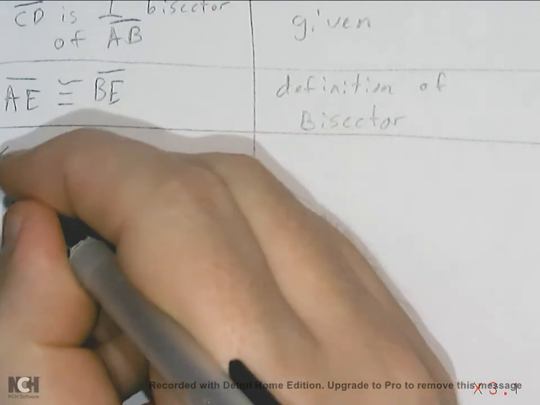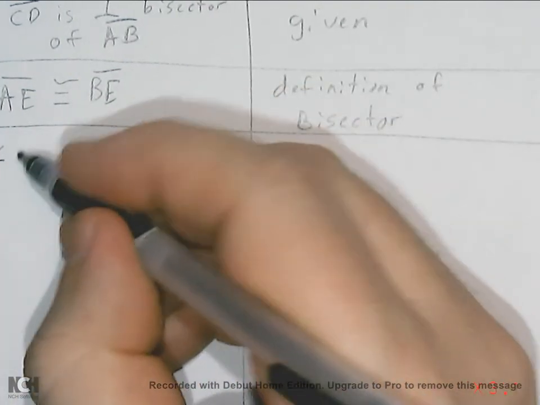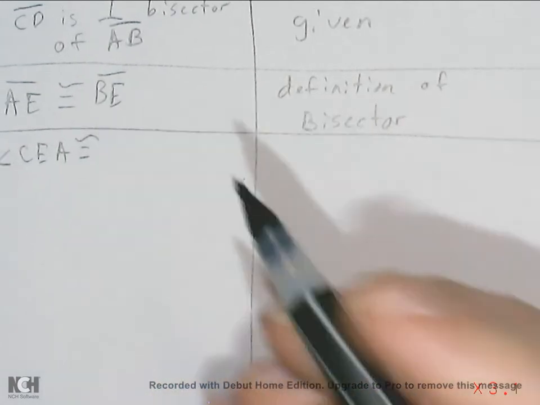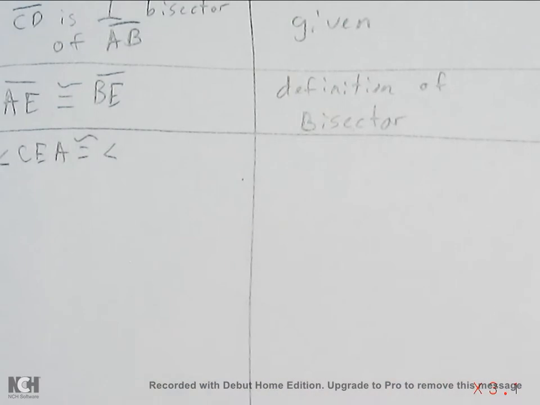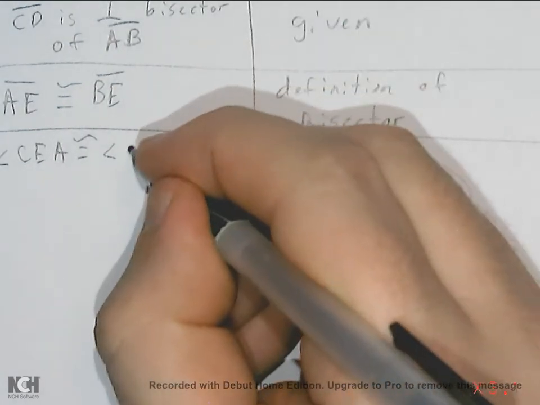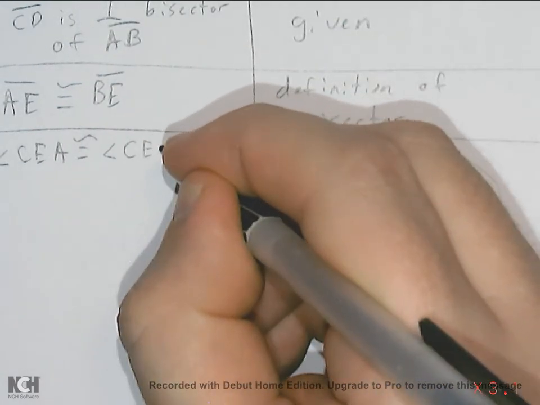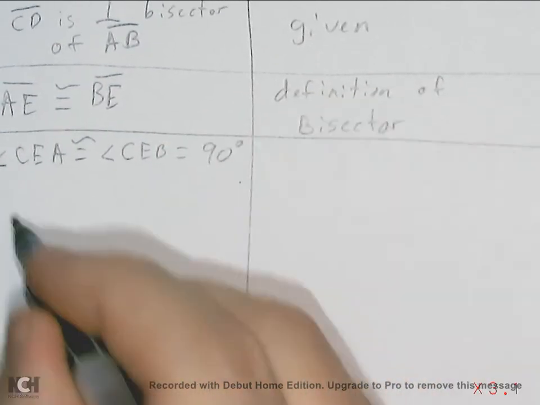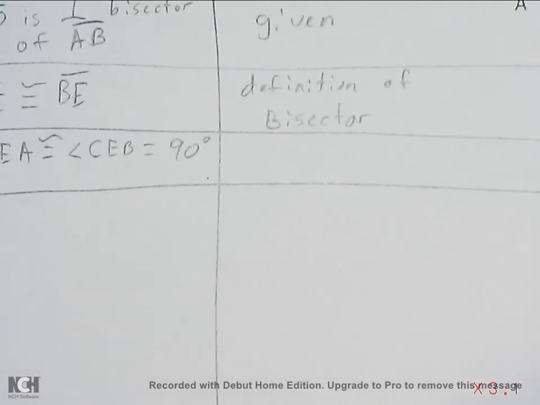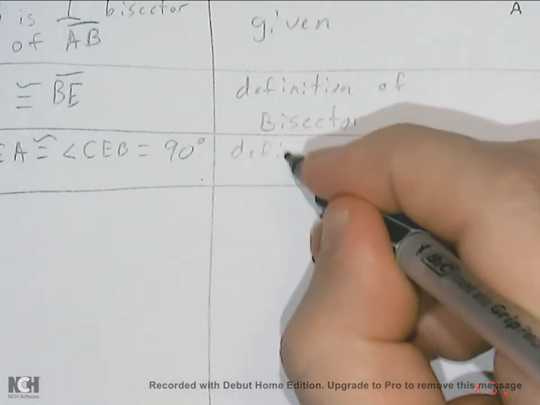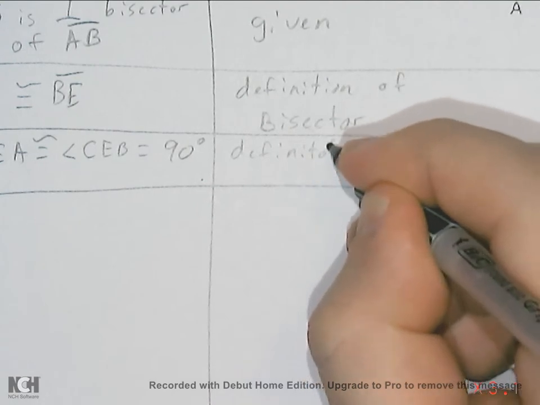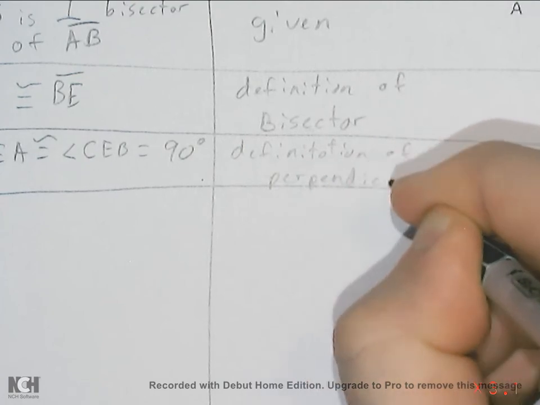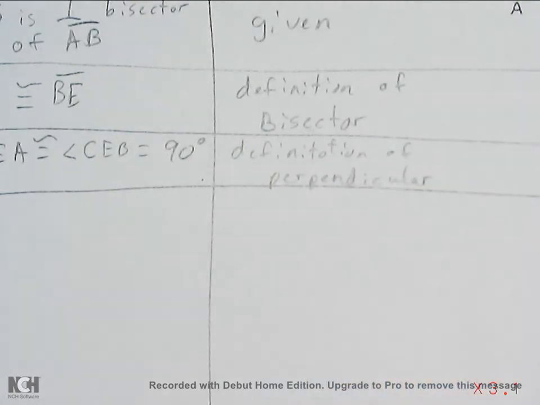So angle CEA would have to be congruent to angle CEB, and they're both equal to 90 degrees because of the definition of perpendicular. Okay.